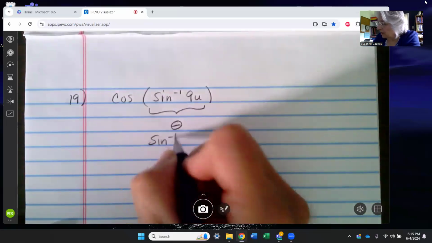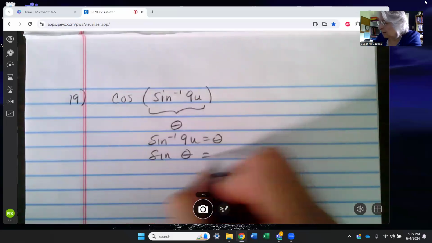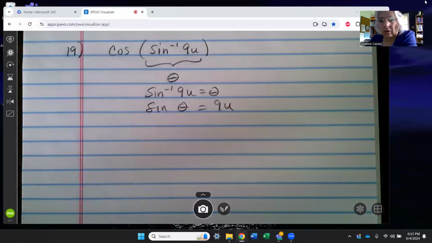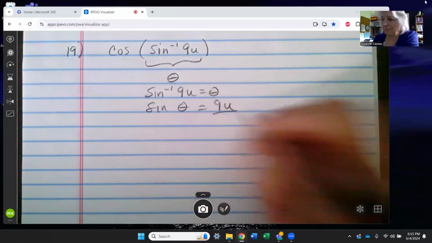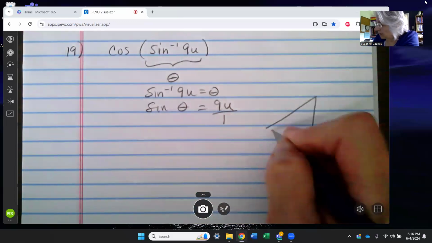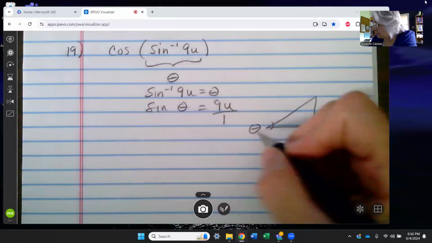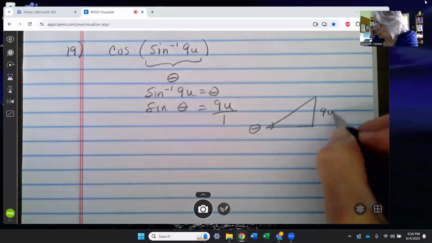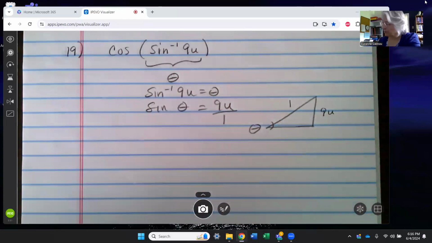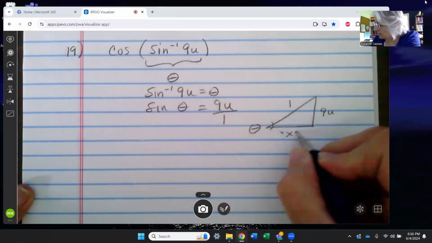So if inverse sine of 9u is theta, then that means the sine of theta is 9u. And now what you can do is a triangle. You can go 9u over 1. Right, so here's my triangle. Let's call this theta. Opposite is 9u. The hypotenuse is 1. Opposite over hypotenuse. And now if I want to get the x, let's just call this x here.